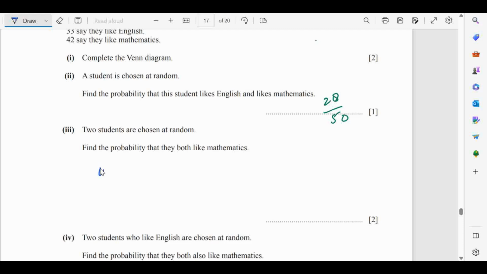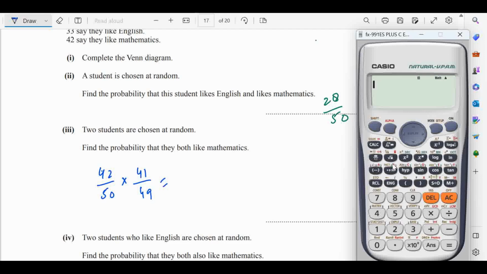So for the first pick, this must be 42 by the total, 50. Multiply by, now in the second pick we have already picked one student, so 41 by 49. If we simplify it, this will be 42 divided by 50 into 41 divided by 49.